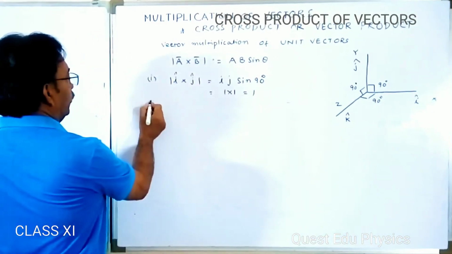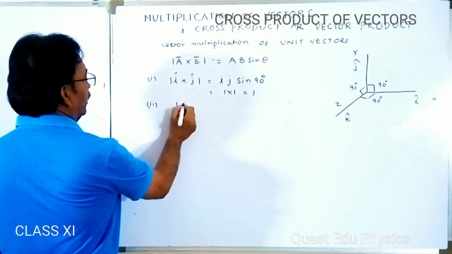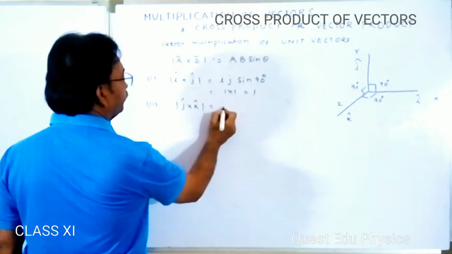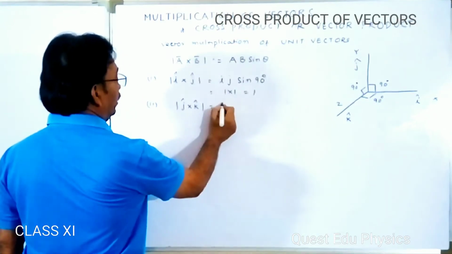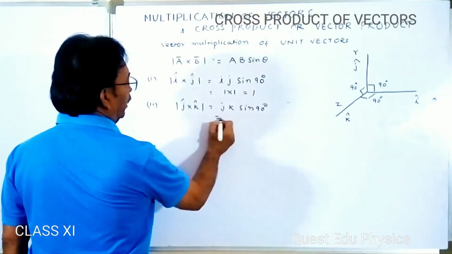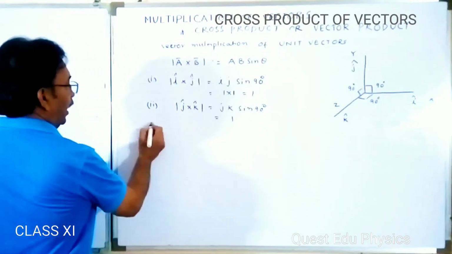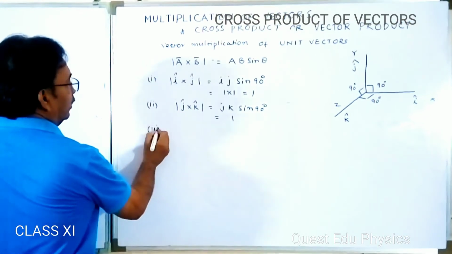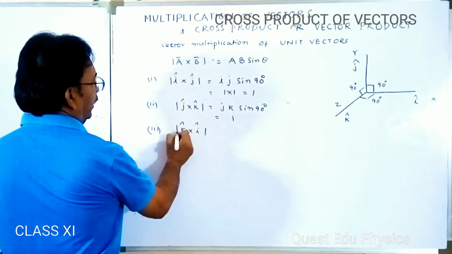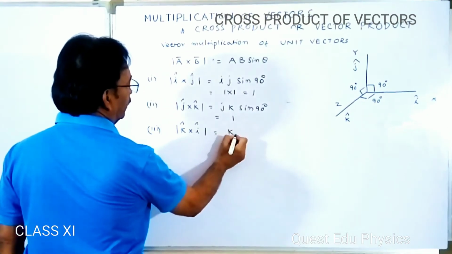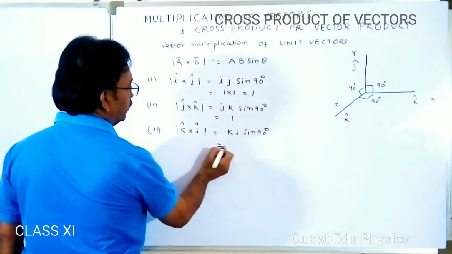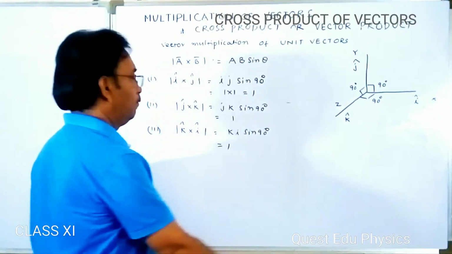Similarly, if you go with j cross k, you will get the same result. It is j into k into sine 90, equal to 1 again. And similarly, if you go with k cross i, then it is equal to ki into sine 90. Again it is 1.